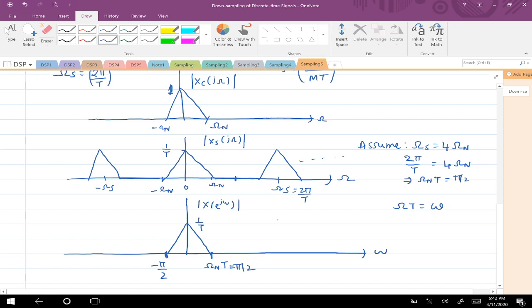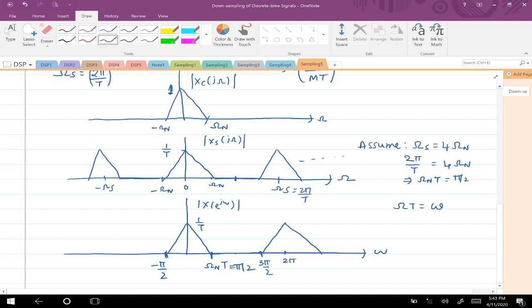And where will this other copy be? With the same logic, this is 2 pi by T into T, pi by 2, there is a gap of pi, right, and then 2 pi, I would have something like this. So this would be 3 pi by 2 because this is pi by 2, right?